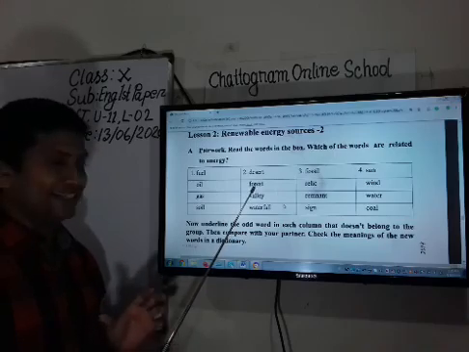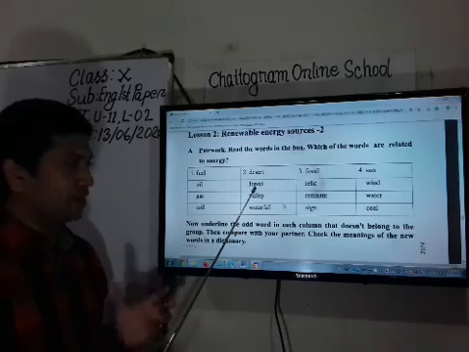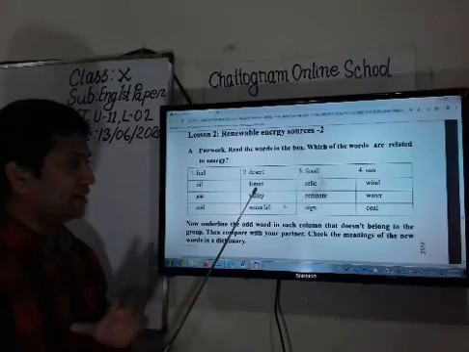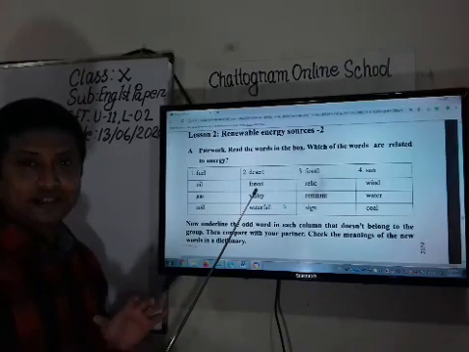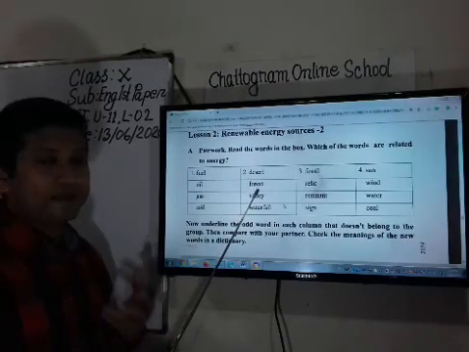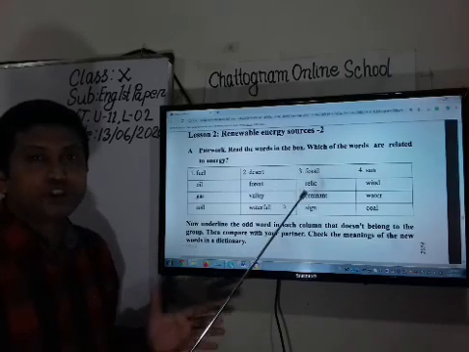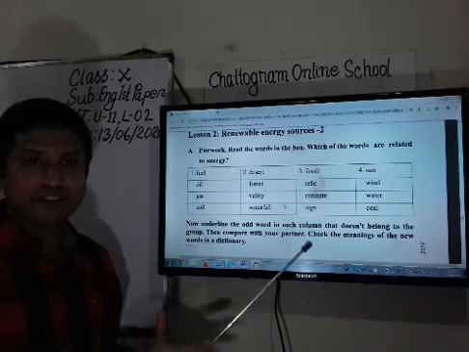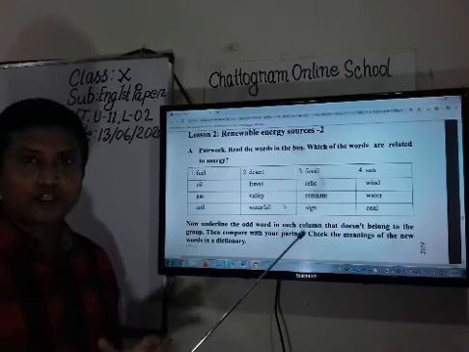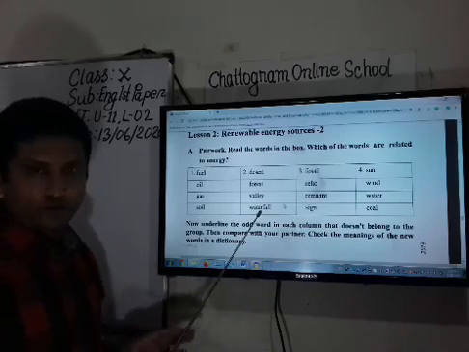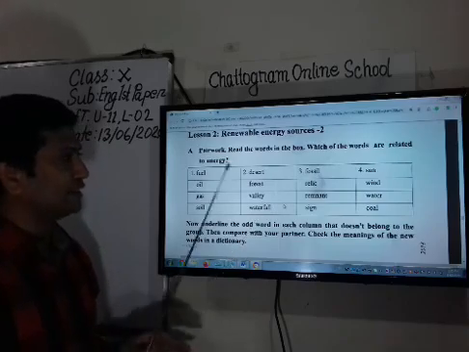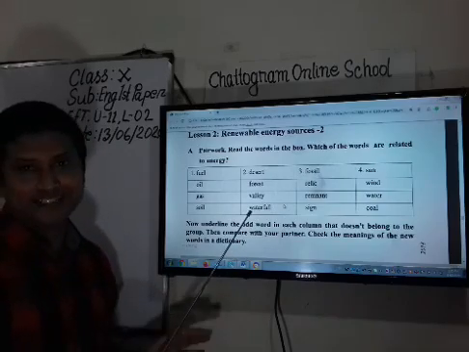Forest is also a large area covered with thick trees and plants. And valley is a low land between two hills or mountains. Usually a river goes through it. And waterfall, so here waterfall is connected or related to energy.